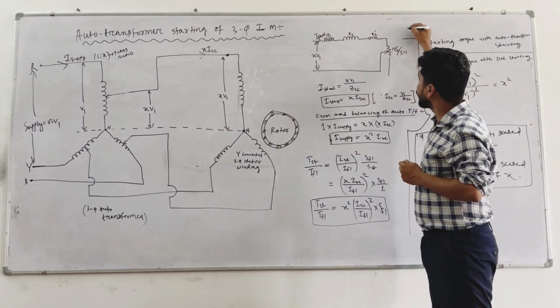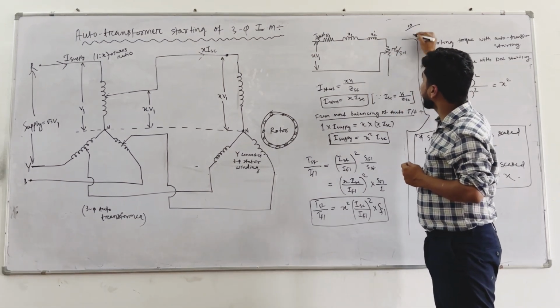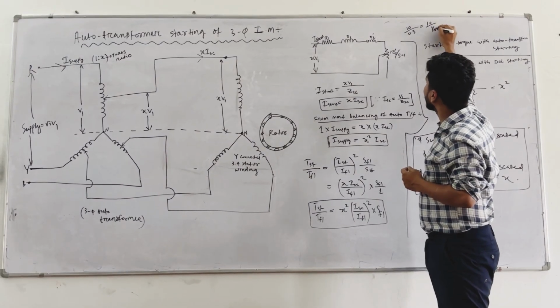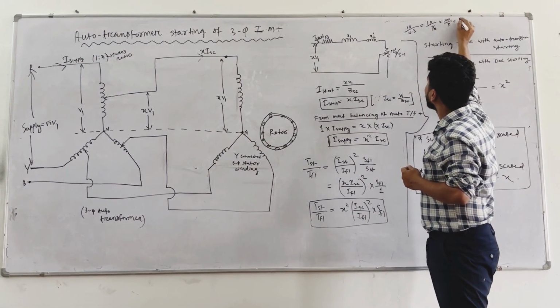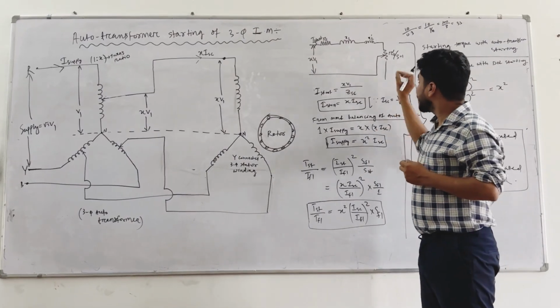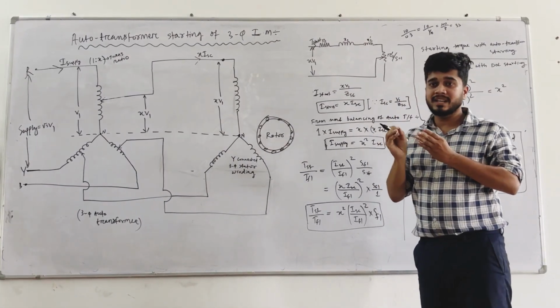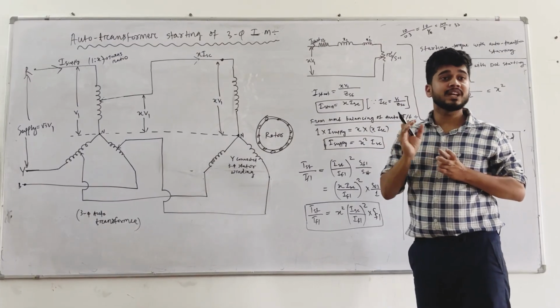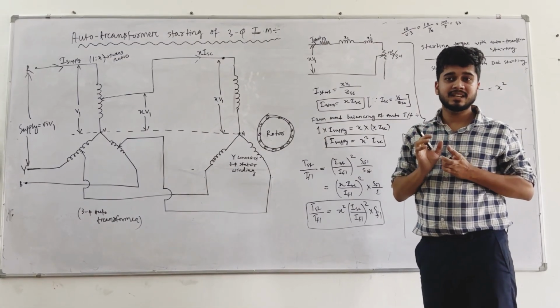Suppose R2 dash is 10 and you are dividing by S value 0.3. This is equal to 100 by 3, which is nearly 33. So if S value is 0.1, 0.2, 0.3, then the overall resistance is more. If S value is 1, the overall resistance is less.